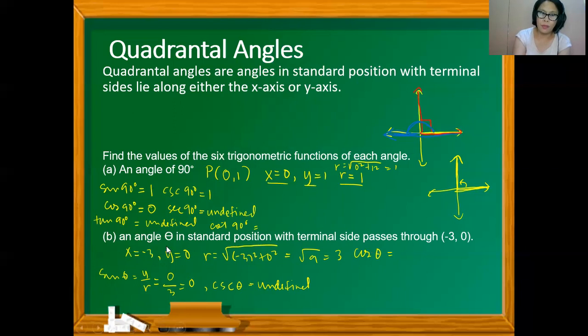So, this is negative 3 all over 3. So, we have negative 1. Likewise, secant theta will remain negative 1. For tangent theta, we have y all over x. So that's 0 all over negative 3. So that gives you 0. But cotangent theta is undefined because y is the denominator and y is 0.